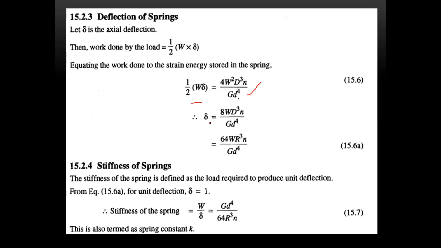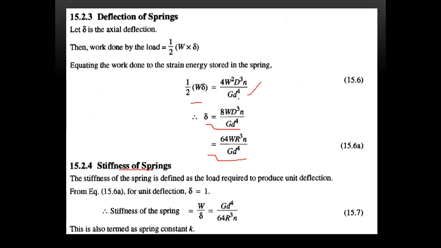Therefore, epsilon is equal to 8 W D cube N divided by G d to the power of 4. Upon solving this, 64 W R cube N by G d to the power 4. So these are all formulas you can see in the design data book also.